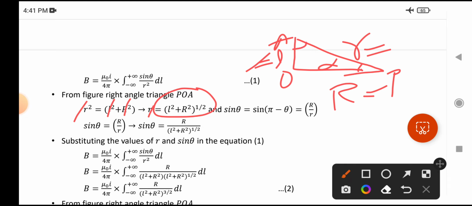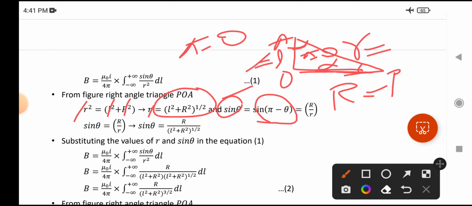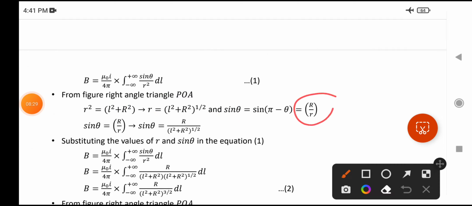Just now I told you this angle is pi minus theta. Sin of pi minus theta is sin theta only. So sin theta is opposite by hypotenuse: capital R by small r. Small r is L square plus capital R square to the power 1 by 2.